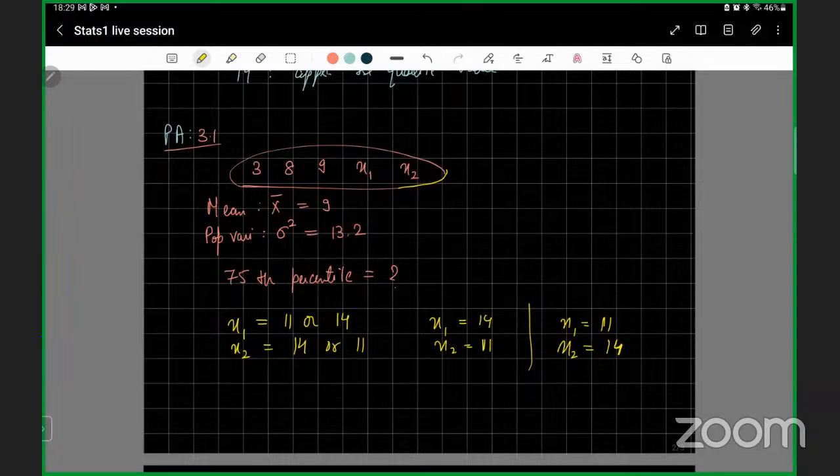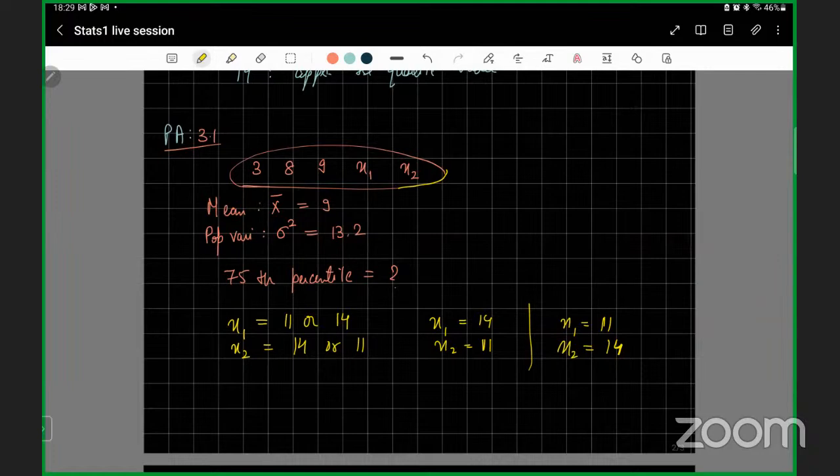Then from here the equation we make is x1 plus x2 is equal to 25. You will get two equations and two variables, so you can easily find x1, x2, and after solving the quadratic equation.